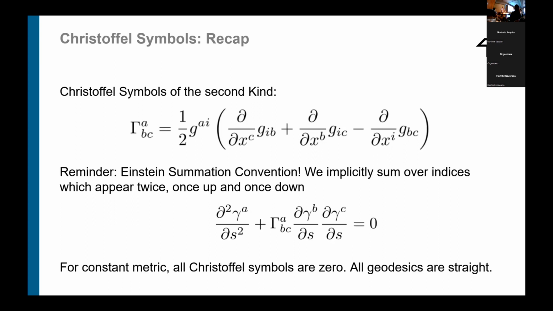It doesn't even need to be Euclidean; if it's a constant matrix, they will also be straight. In this equation, when all these symbols are 0, it just says that the second derivative is 0, and this means that the curve is straight.